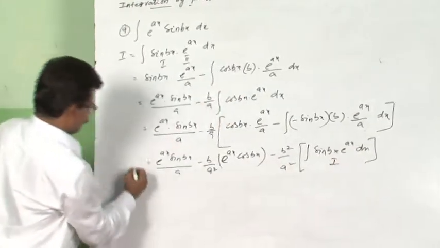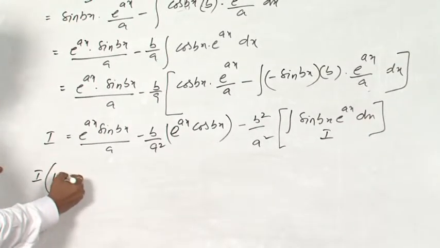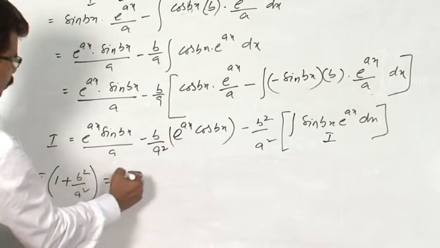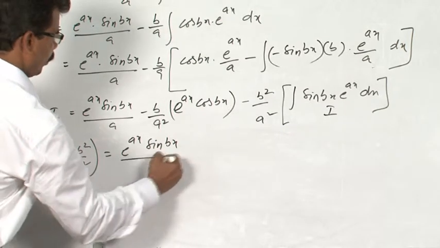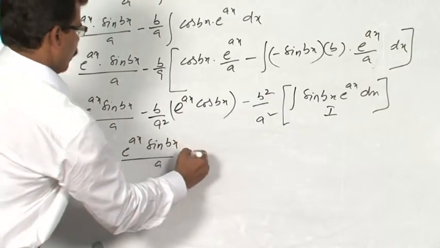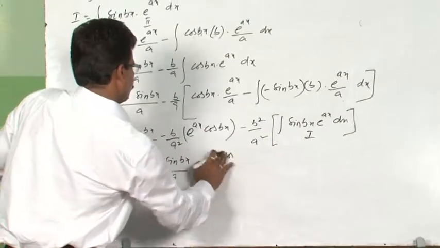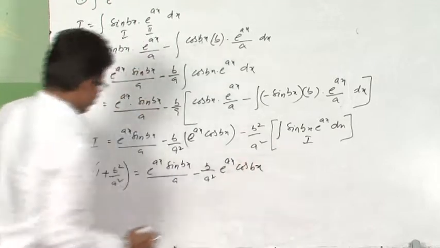If I take I as common, I is equal to, 1 plus b square by a square is equal to e power ax sin bx whole divided by a, minus b by a square e power ax cos bx.